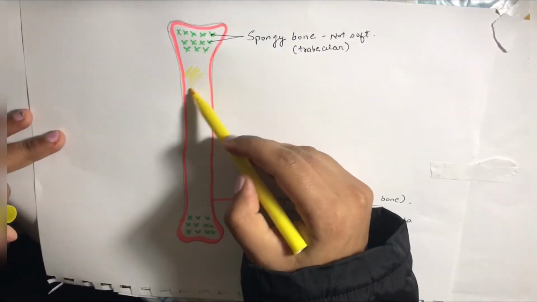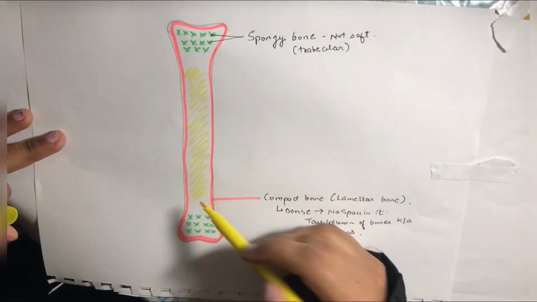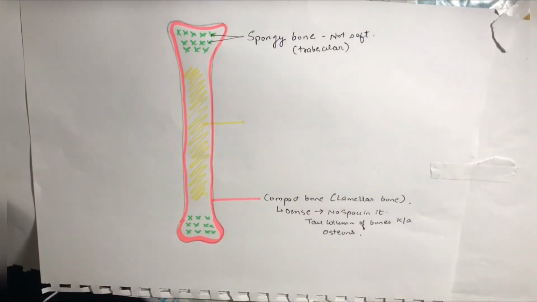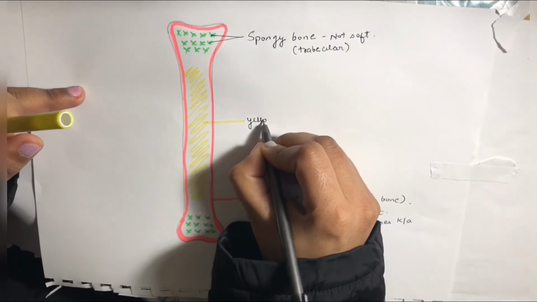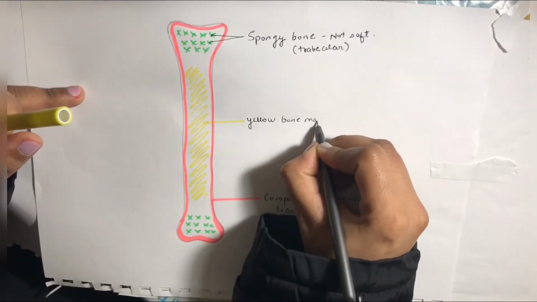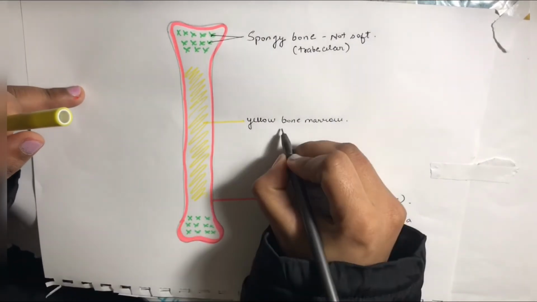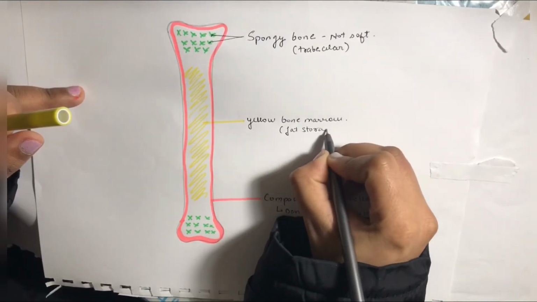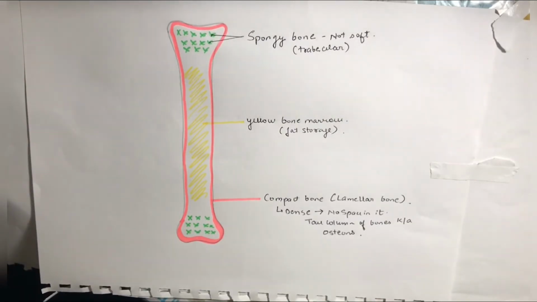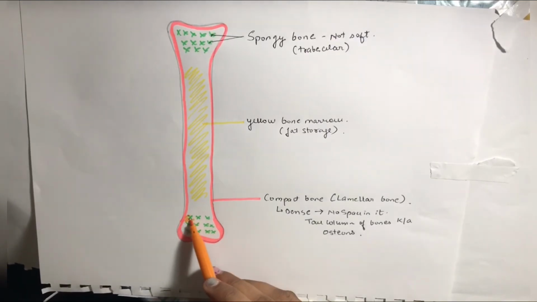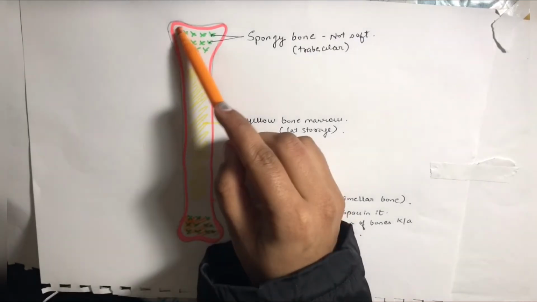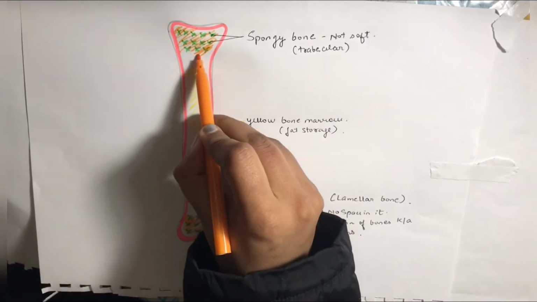Then I'm going to draw this yellow part in between, inside the diaphyseal part. This is the yellow bone marrow, which is for fat storage. On both the epiphyseal parts, where the spongy bone is present, which I am coloring with orange, this is the red bone marrow.